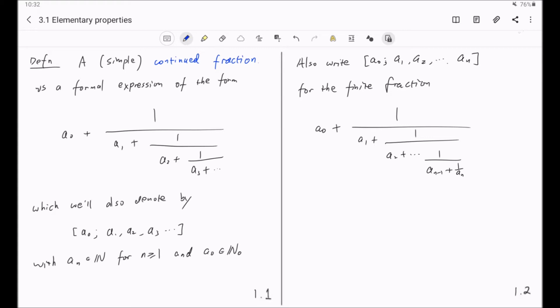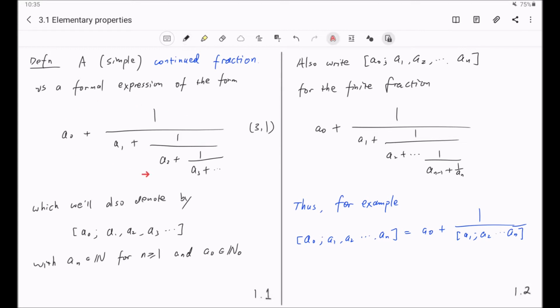And you will see immediately, for example, a finite continued fraction a0, a1, a2 through a sub n is equal to a0 plus 1 over a1, a2 all the way through a sub n. And you give this a label 3.1, same as the one in the book.